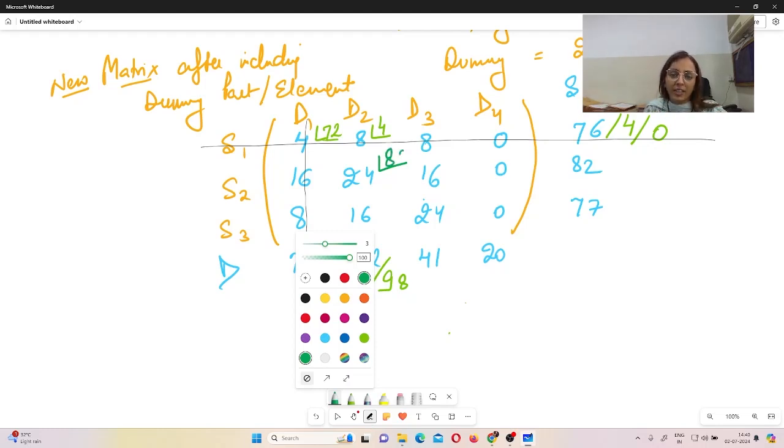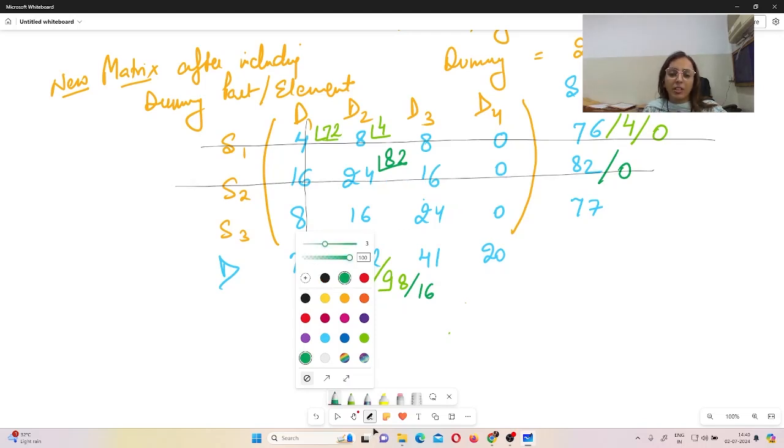So the maximum allocation there is 82. The remaining balance will be 0, and 98 minus 82 will be 16, the balance that remains. The same process carries on. Now this row has been deleted as all its elements are given up.